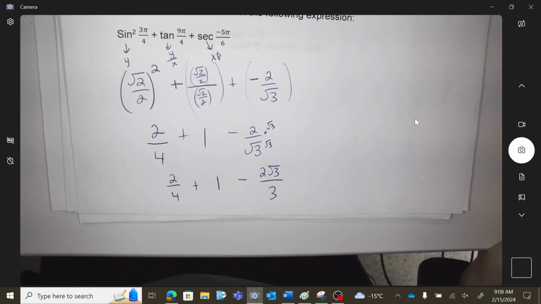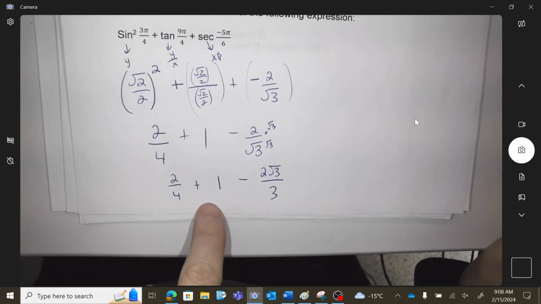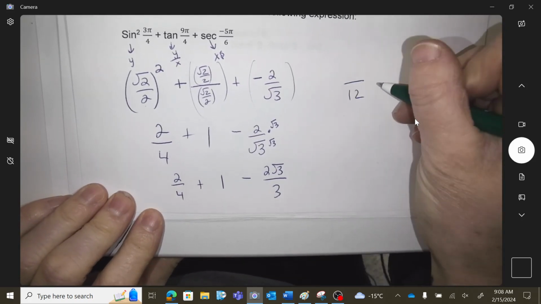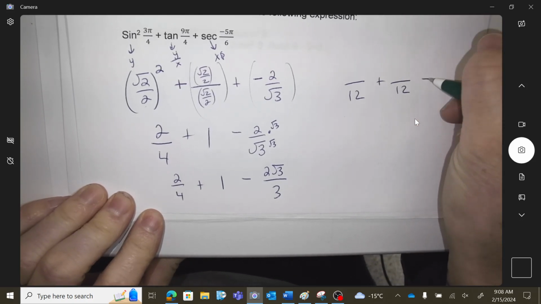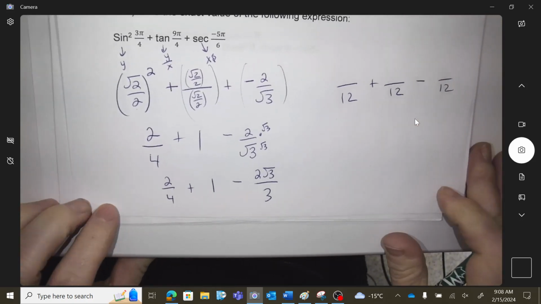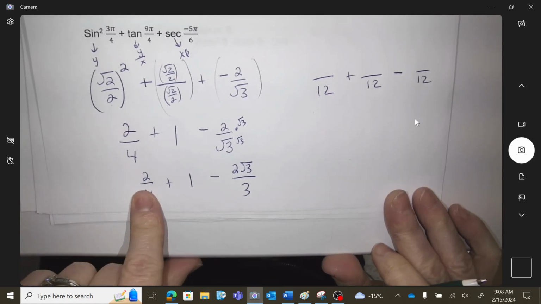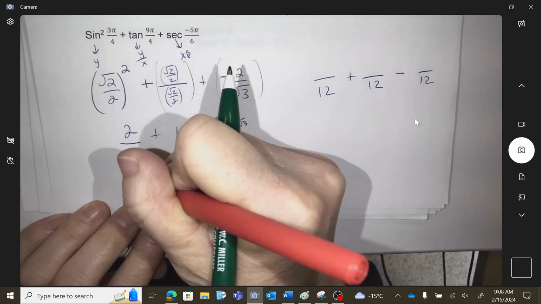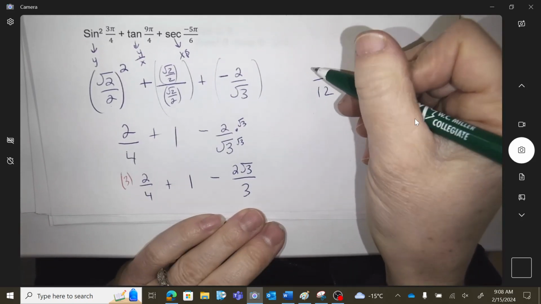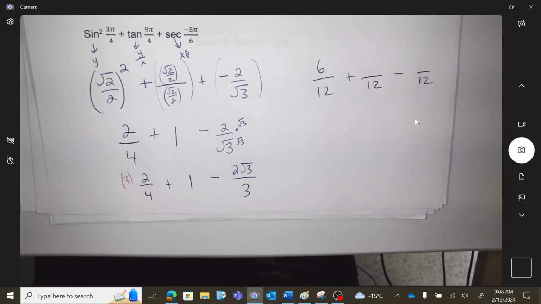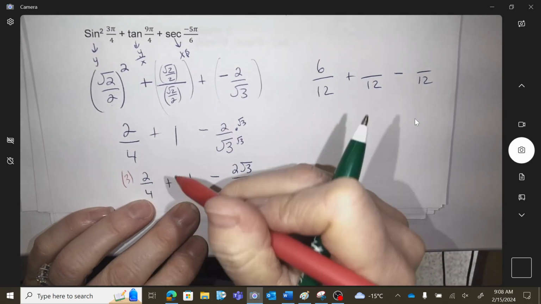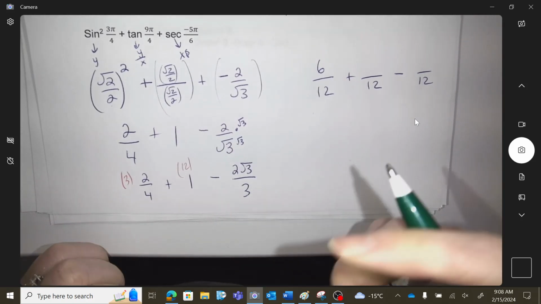Okay, what should we make everything out of on the bottom? What do you want that could be the same? On each bottom could be a 12. So I would be doing first fraction times 3. The second fraction I'd have to times by a 12.